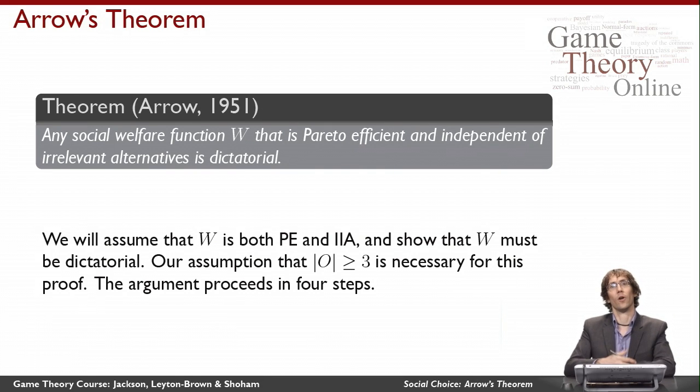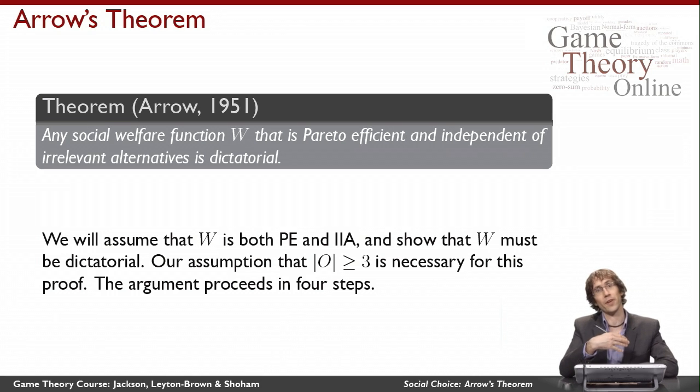Okay, having said all of these definitions, we're now ready to formally define Arrow's theorem. What we can say is any social welfare function W that is Pareto efficient and independent of irrelevant alternatives is dictatorial. The way the proof works is as follows.